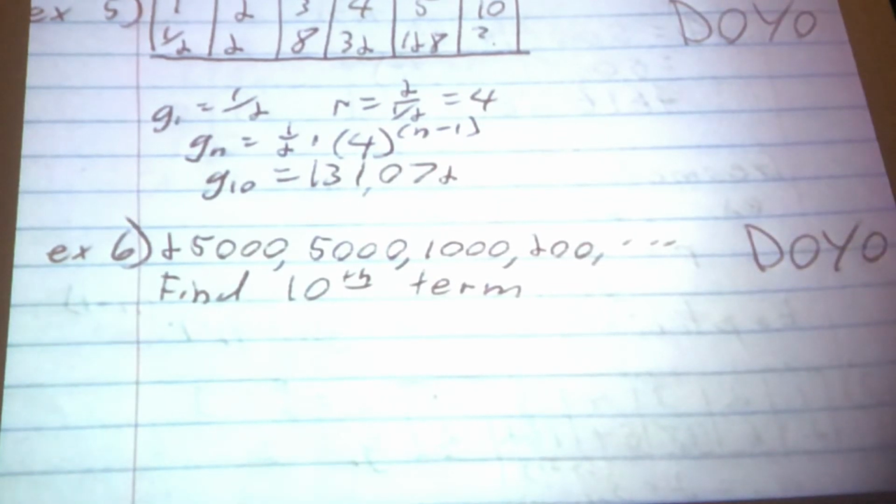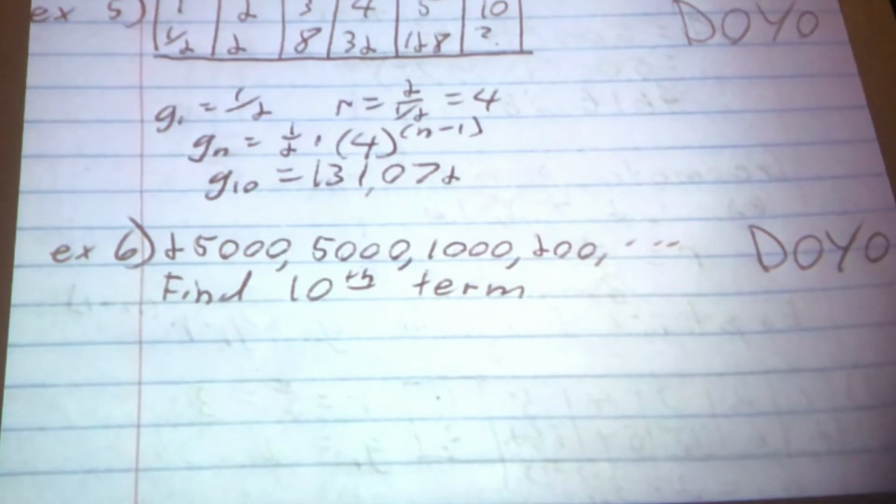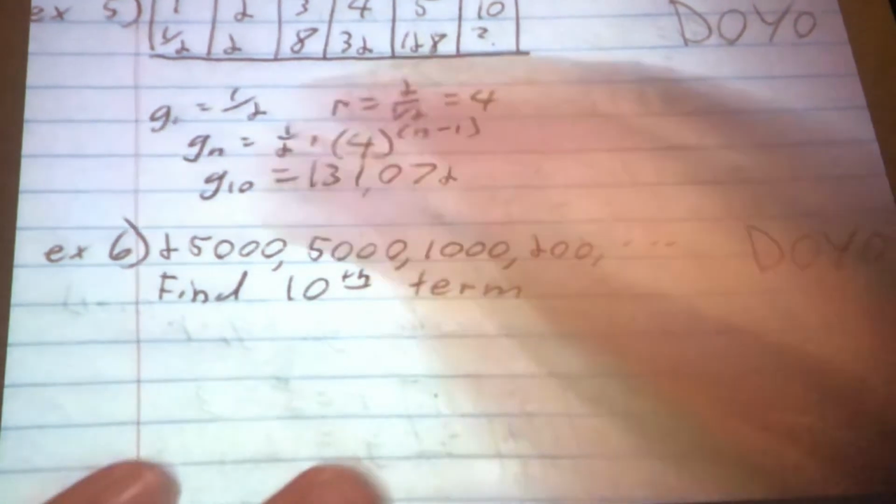What about for example 6? 0.0128. Let me see what that is. Fraction form. 0.012, yeah.